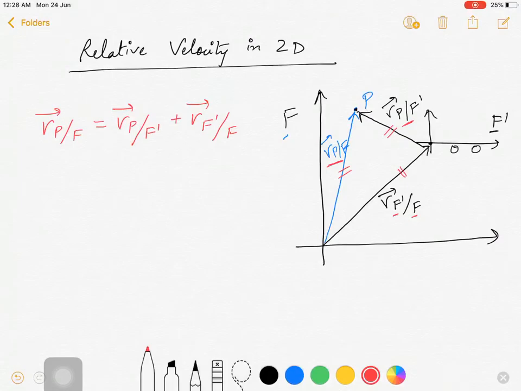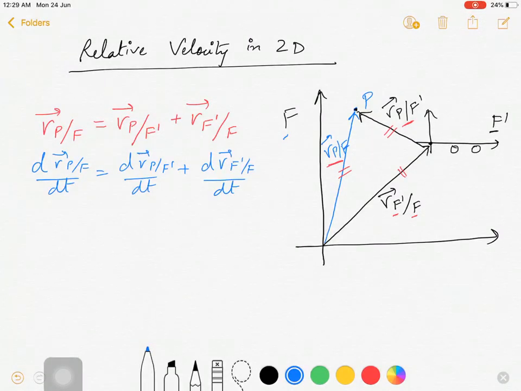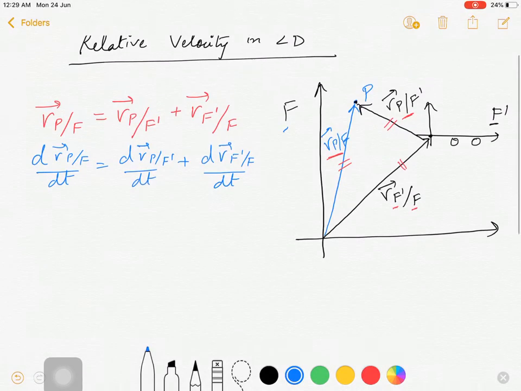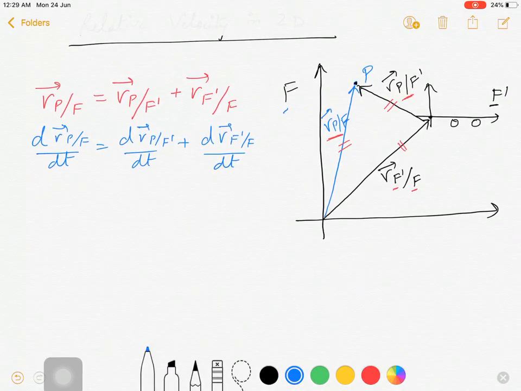Now differentiate this whole equation with respect to t. We will get d r vector P oblique F by dt is equal to d r vector P oblique F dash by dt plus d r vector F dash oblique F upon dt. So earlier we have seen the differentiation of position vector with respect to time will give us velocity.